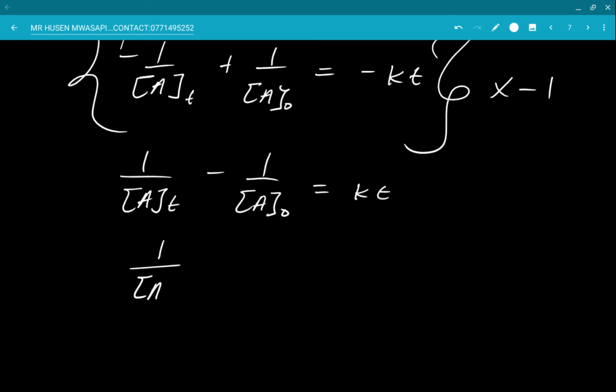You have this being equal to 1 over that plus kt.